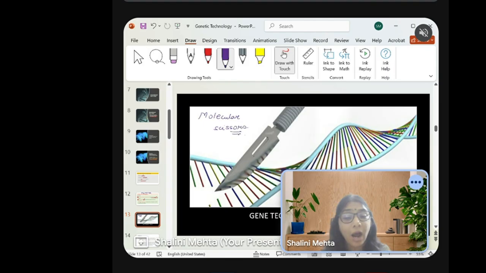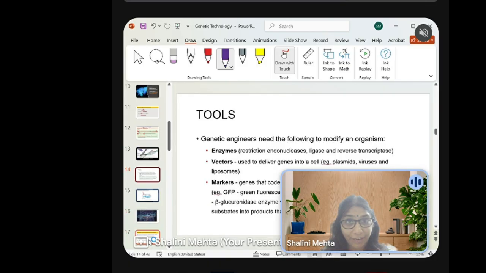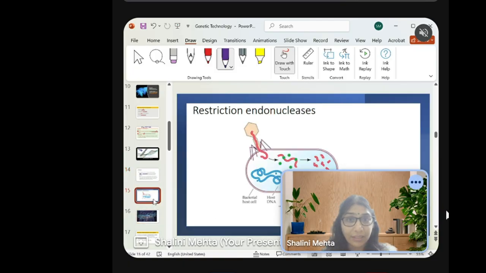Just like a scissor makes a precise cut at a particular location wherever you want, these restriction endonucleases will also make a cut at a desired location. So the enzymes we use are called restriction endonucleases, to make a precise cut in the DNA.